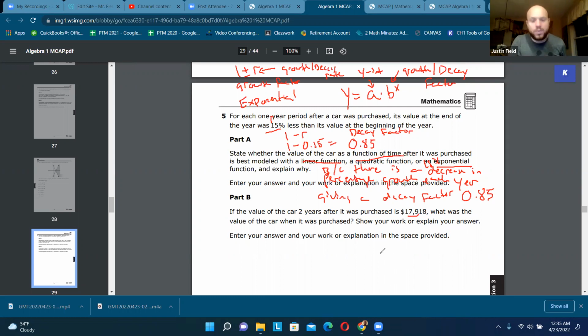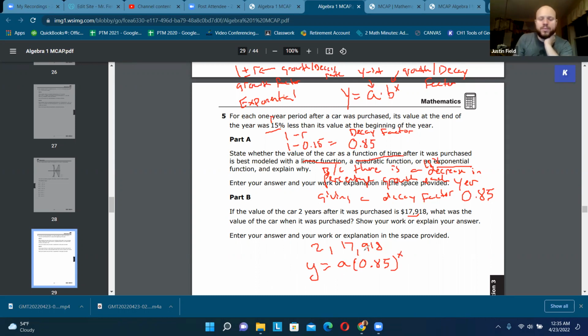All right, if the value of the car 2 years after its purchase was this, what was the value of the car when it was purchased? Wow, that is a toughie. Okay, all right. So we know we have a 2, 17,918, right? And we also know that we have y equals a times 0.85 to the x.